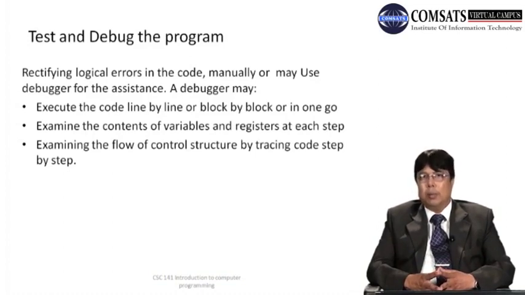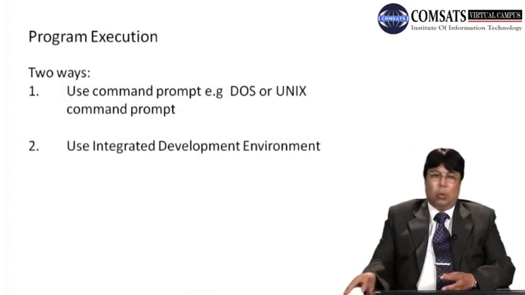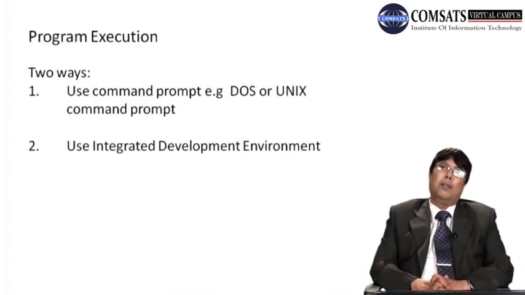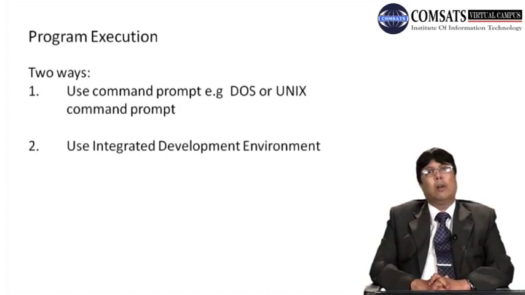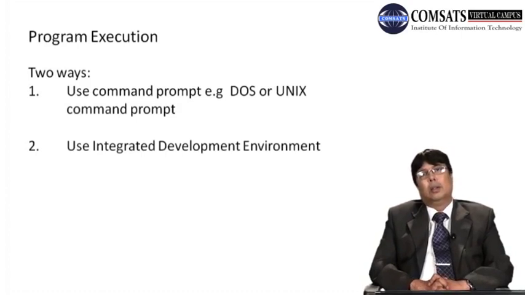Usually the debuggers are very powerful, and we use the debugger when we are writing very complex programs. So students, we have discussed in detail the 6 steps required for developing a program.